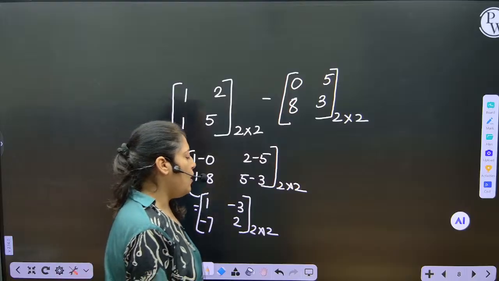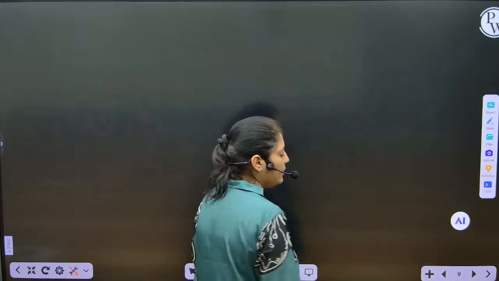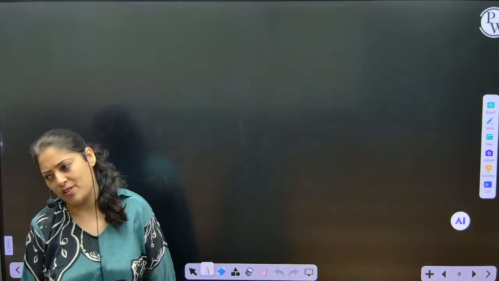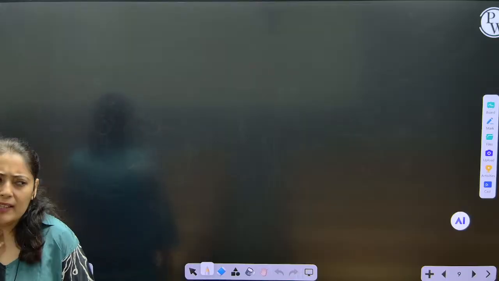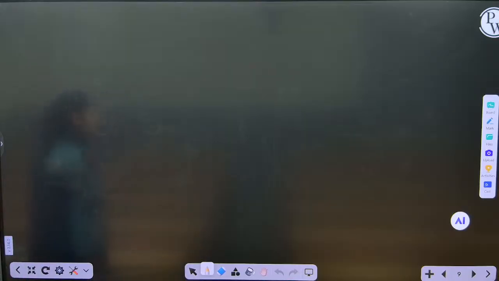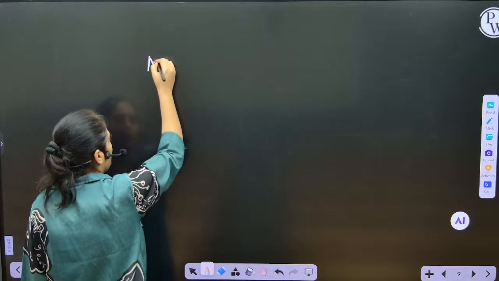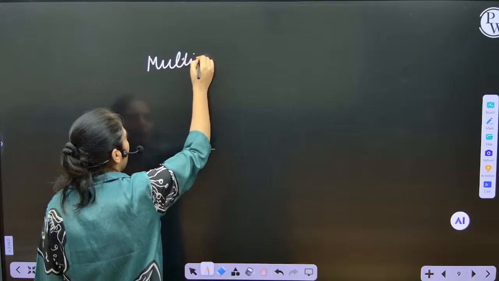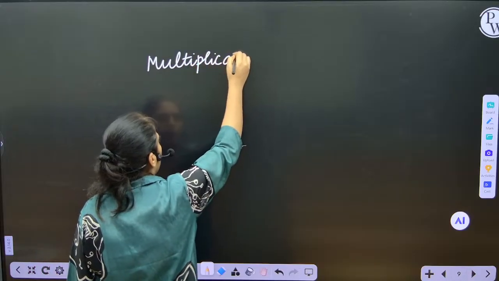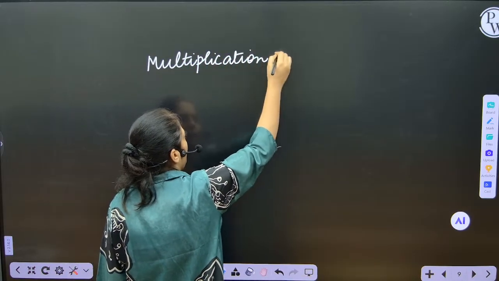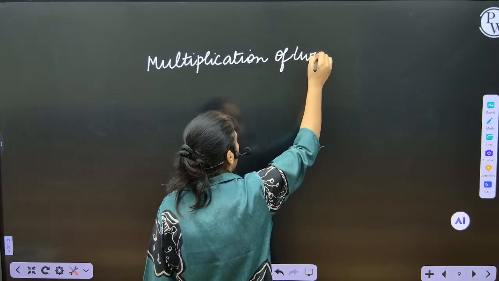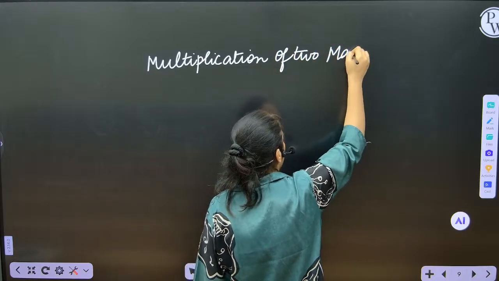Now comes your multiplication. That is interesting also, a little calculative, but an interesting one. So just pay attention to it. Multiplication of two matrices.